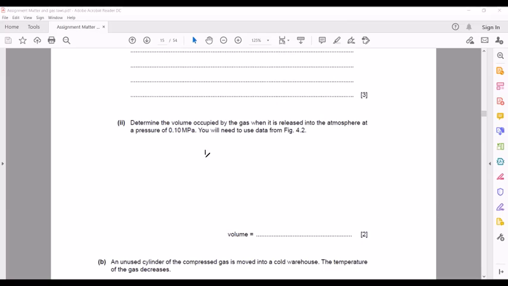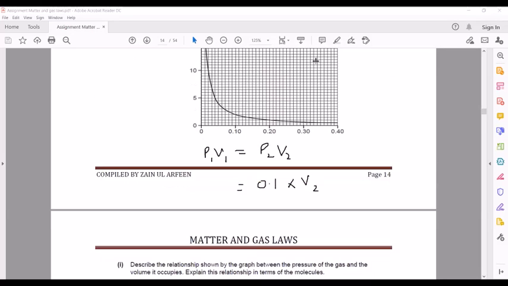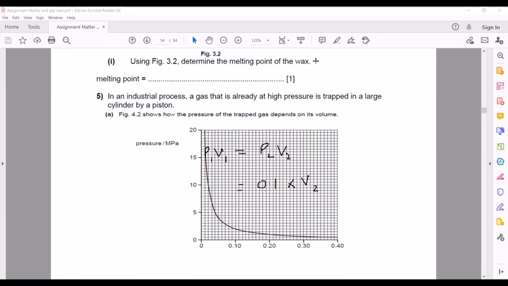So to get the pressure, we have the formula P1 V1 equals P2 V2. We need the volume at a pressure of 0.1 megapascal. But what is the problem here? We don't have P1 and V1. But you can use your graph to get P1 and V1. It's up to you. You can take any value as P1 and V1.